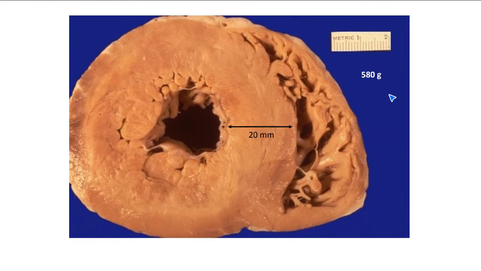So is that reflected here? They have indicated here that the weight of the heart is 580 grams, and this is from a 65-year-old man. So what do you have to tell me about this weight of the heart in the 65-year-old man?